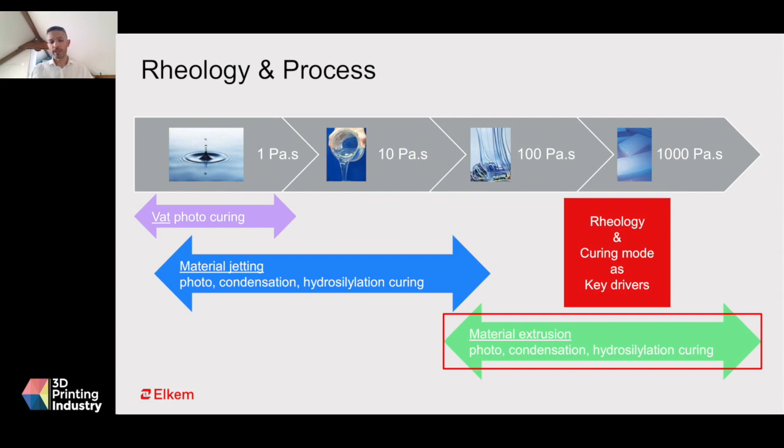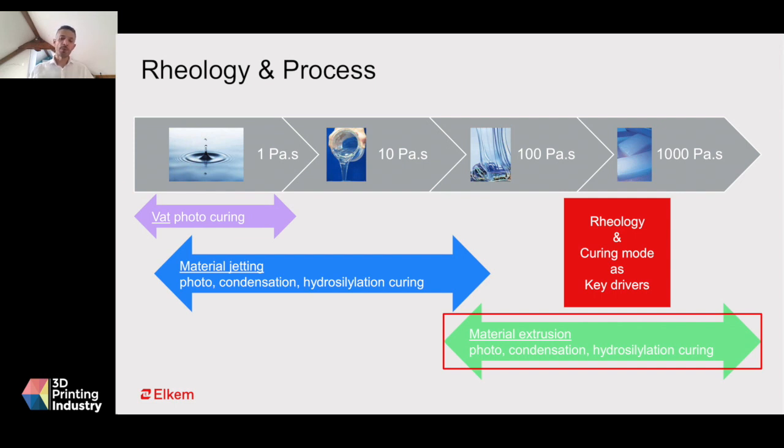If you take material jetting, you can use higher viscosity, and you can choose different curing chemistry to get the parts, from photopolymerization to condensation, or also hydrosilylation, also called polyaddition. And in the case of the extrusion process, you have to use a very high viscosity product in order to print it, and you will also use different kinds of curing chemistry like photopolymerization, condensation, and hydrosilylation.